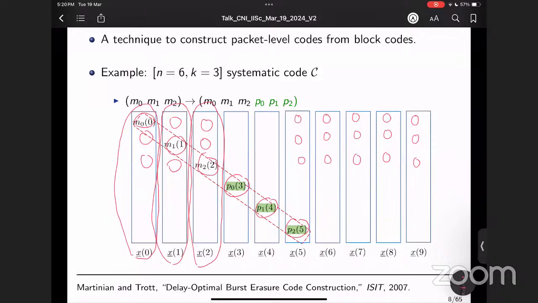Okay. So the last 3 symbols of every coded packet will be parity symbols, which are generated in this manner. If you look diagonal-wise, it's going to be a codeword belonging to the code C. Okay, so this is basically the diagonal embedding idea. It's a very simple and straightforward idea.